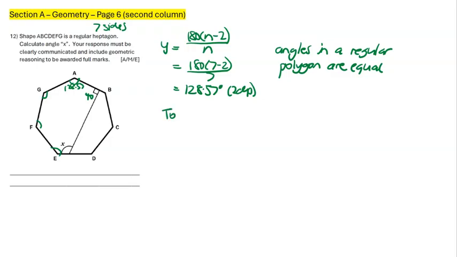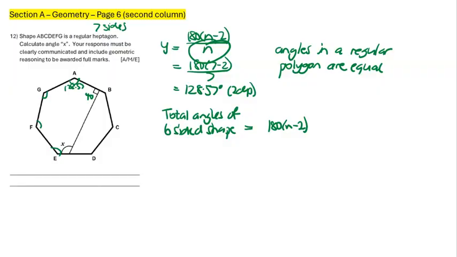So total angles of 6-sided shape. And that's going to be the formula we applied before. So it's going to be 180(n minus 2). But I don't need to divide it by n here because I don't have equal angles, because it's not a regular shape. So that's going to be 180(6 minus 2).